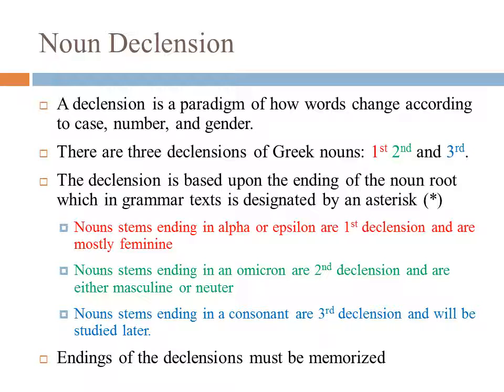Endings of the declensions must be memorized. I always tell students that learning a language is like learning how to play the piano. There are a series of scales you must practice day after day after day. If you don't practice them, you will never make music.